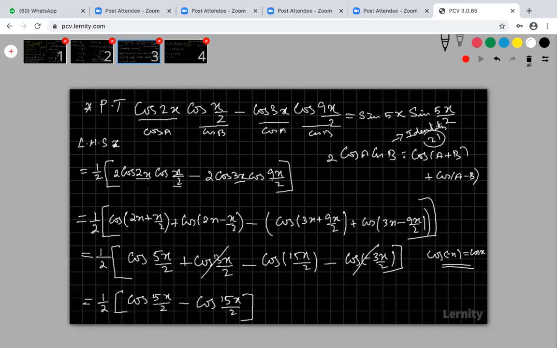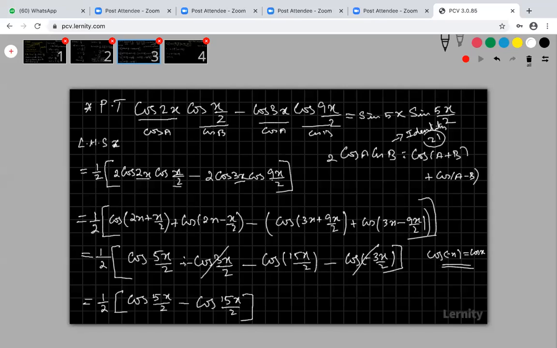Then multiply this minus and simplify. Here two terms get cancelled because cos of minus x and cos x are both equal. I am getting these two terms.